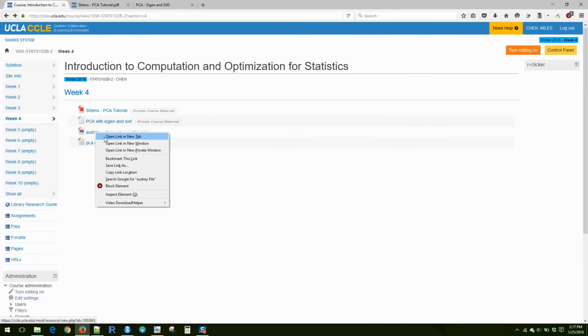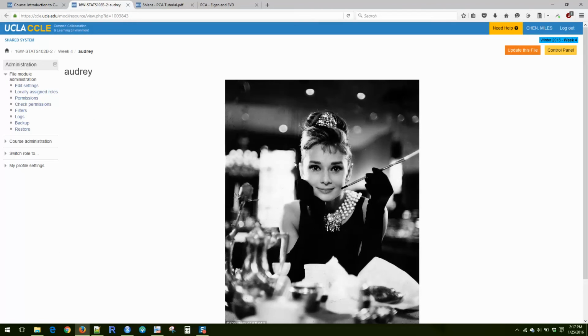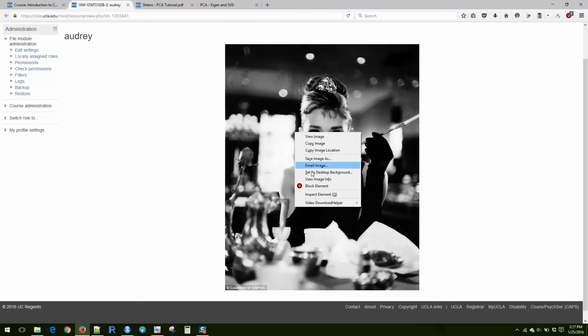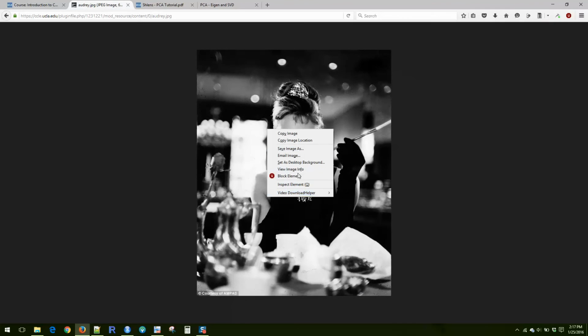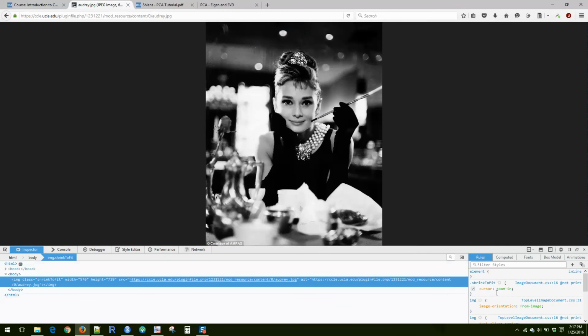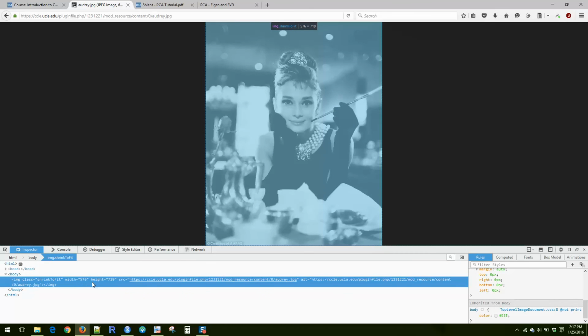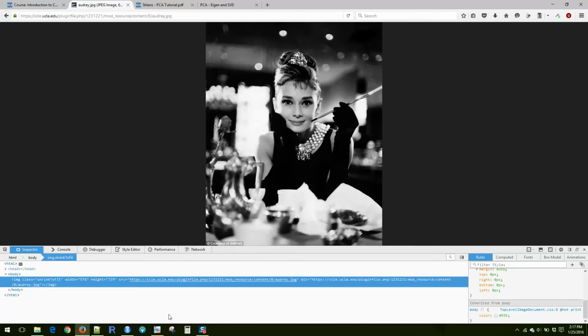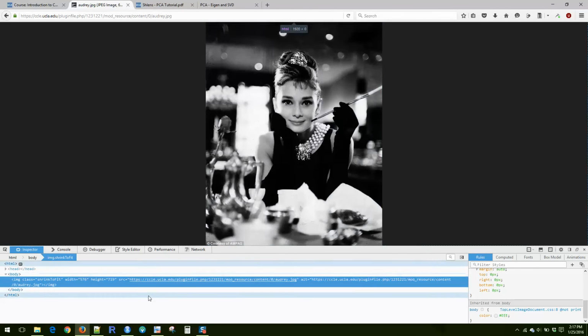The dimensions here are 576 by 719, so essentially we can express this as a matrix with 719 rows and 576 columns.